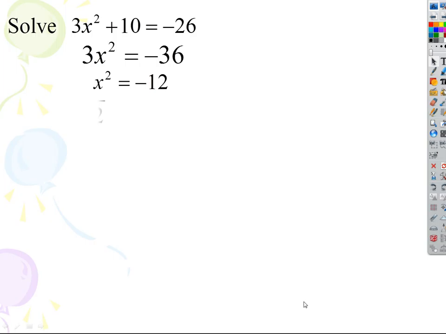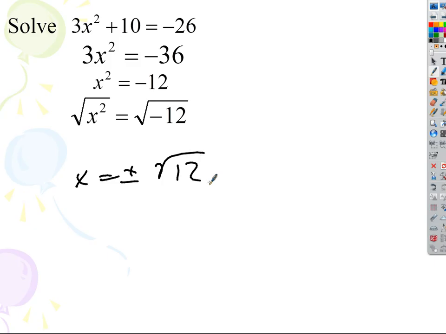We want to know, what is that answer? It does have an answer. It just doesn't have a real number answer. So if we want the answer, we have to use the imaginary numbers, because our answer is imaginary. Right? So our answer ended up looking like x equals plus or minus, and I can simplify the square root of 12, but I'm not even going to worry about that part now. This is the part I'm interested in, is that i. Okay? Does that make sense, why we're doing this? Because we want to be able to answer that question.